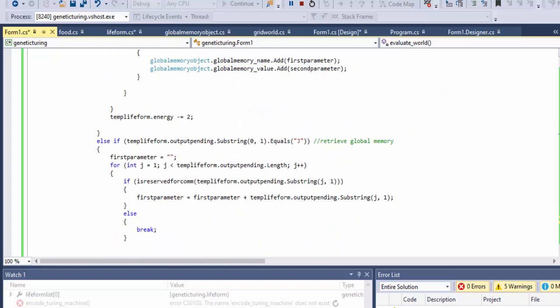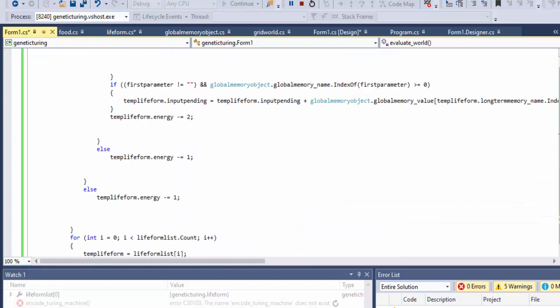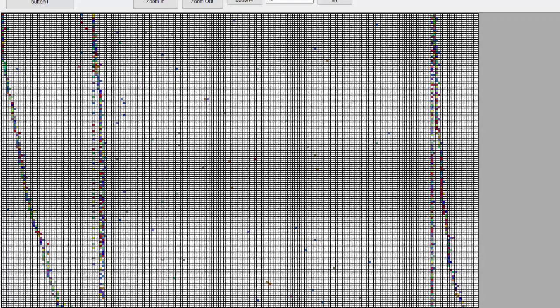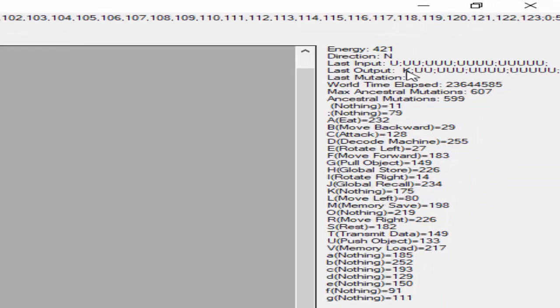So way at the end of all this, I have this else if stuff. Way at the end, I have some other command, just take away one, which is the same thing as rest. So that's why, when they're using K like that, it's really the equivalent of rest.